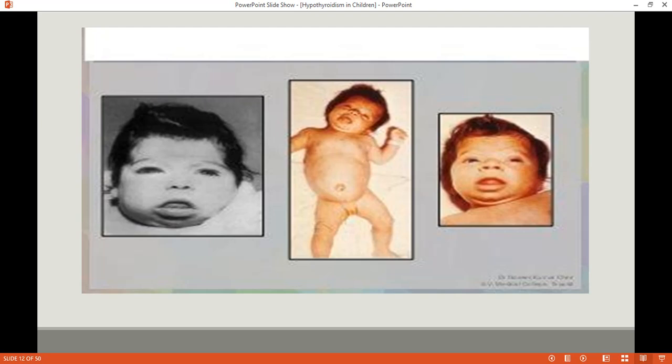The hair is thick, and you can appreciate it. If you look at the patient, you recognize it at first look. All the features are present in these pictures: coarse facies, open mouth, protruded tongue, swollen eyelids, and eyebrows apart.